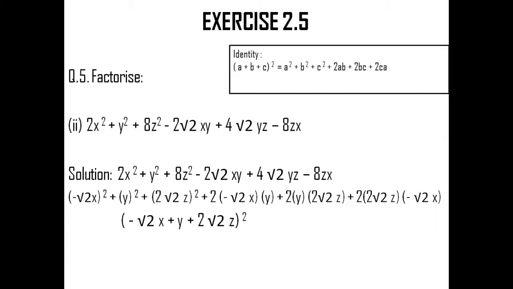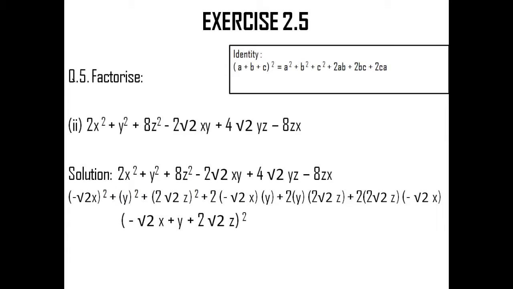Over here, you will realize that root 2x has to be taken as minus root 2x everywhere, so that I can get in the final answer minus 2 root 2xy plus 4 root 2yz and minus 8zx. So this clearly states that the identity that I have used is correct.